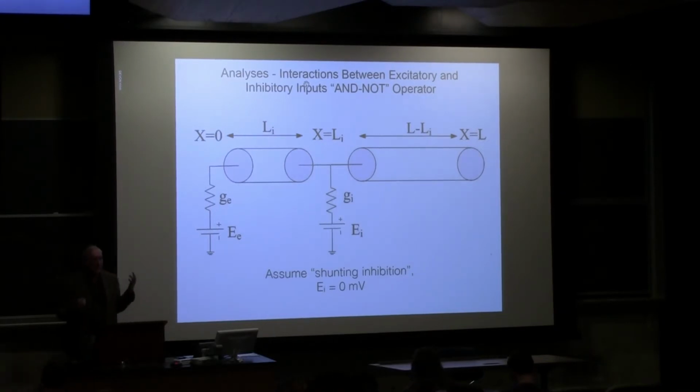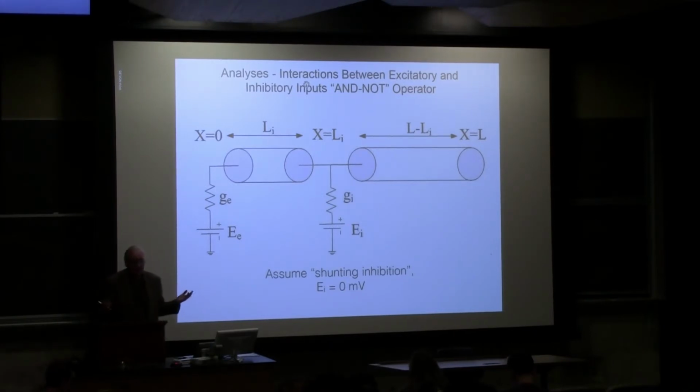But this is to say that if we activate the shunting inhibitory input by itself, it produces no response because it's increasing membrane conductance to ions whose reversal potential is the resting potential of the cell.